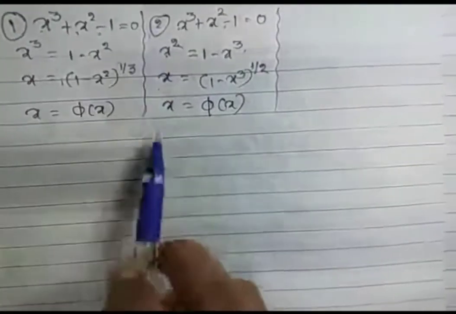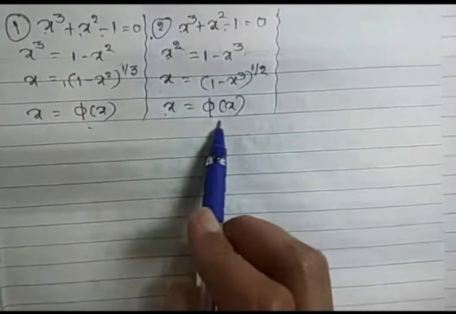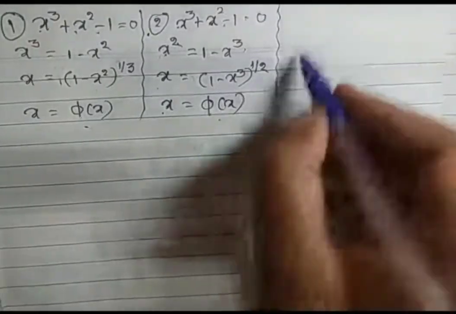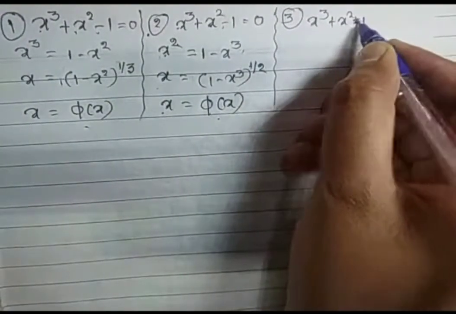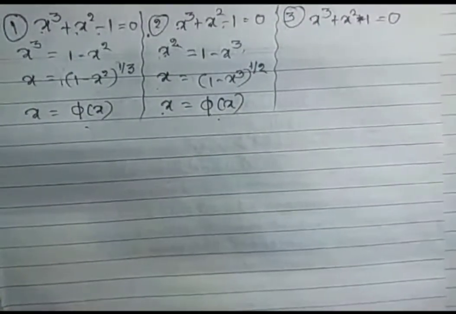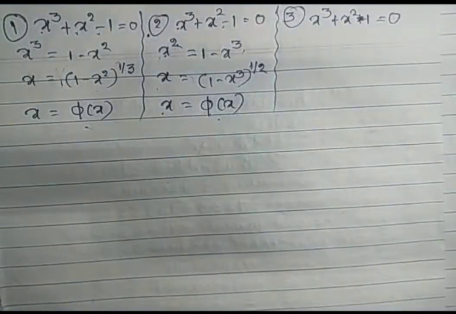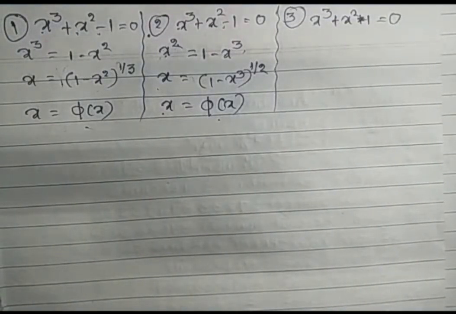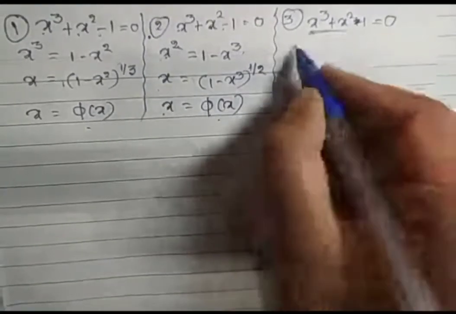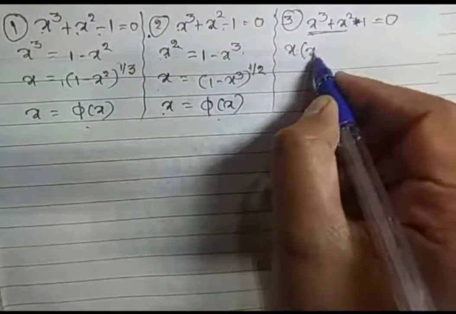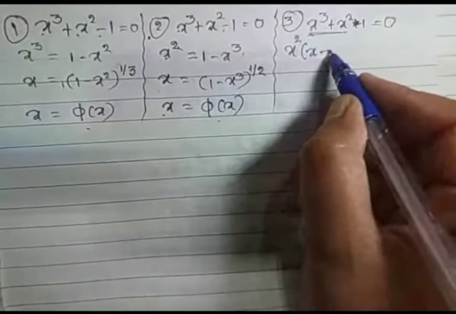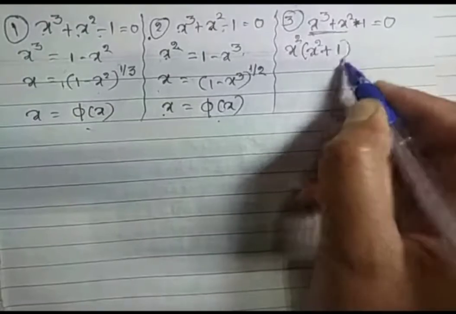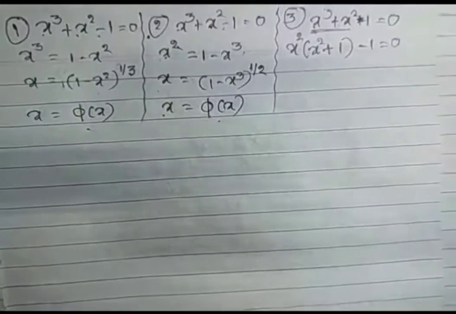So from the second case we have got x is equal to pi of x. Then a third case is also possible here. One more method we have. See, x cube plus x square minus 1 is equal to 0. Again, how can we express the same equation in terms of x? From these two terms, take x square outside, then this will be x square into x plus 1 minus 1 is equal to 0.